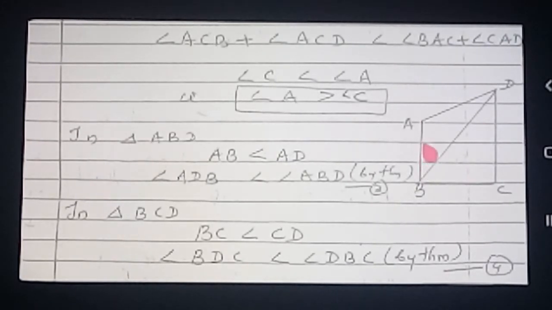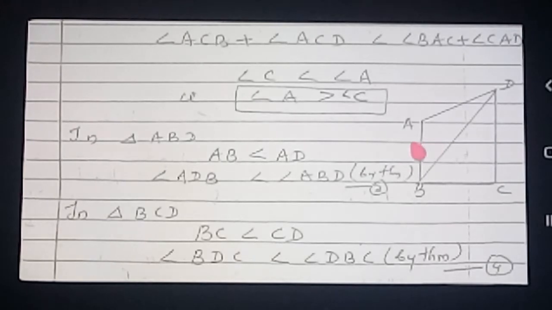In triangle ABD, AB and AD are sides of the quadrilateral. You know which side is the smallest one given in the question: AB is the smallest. Therefore comparing AB and AD, AB is less than AD. If AB is less than AD, the angle opposite AB is smaller.